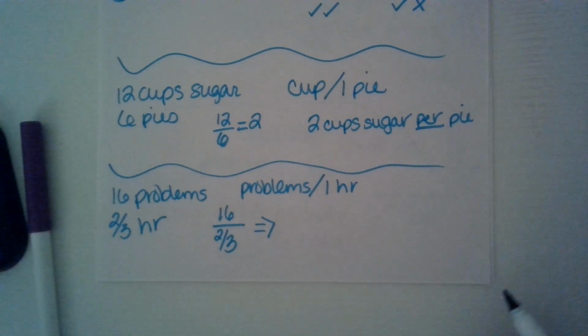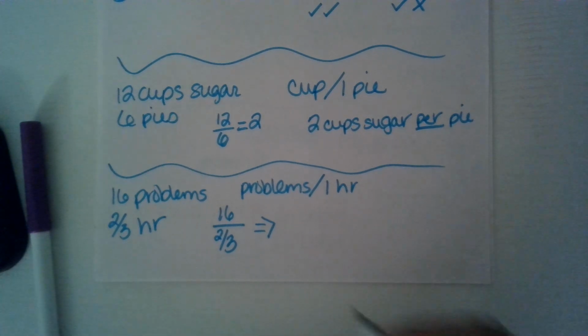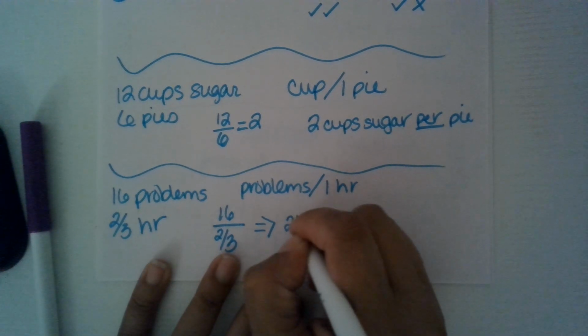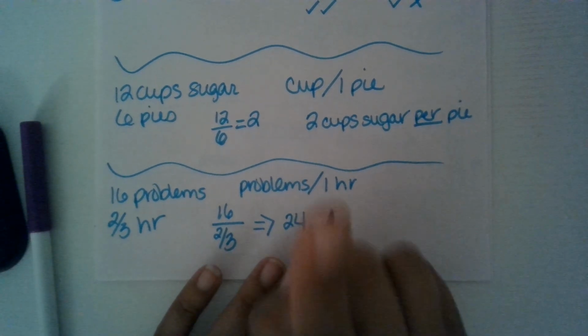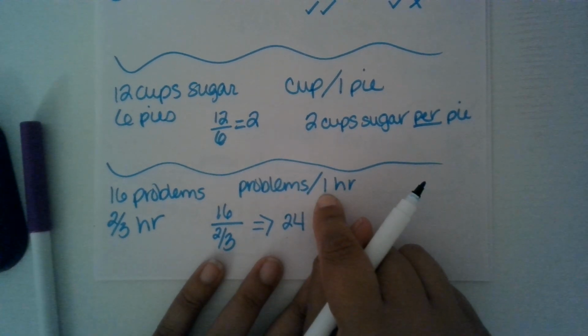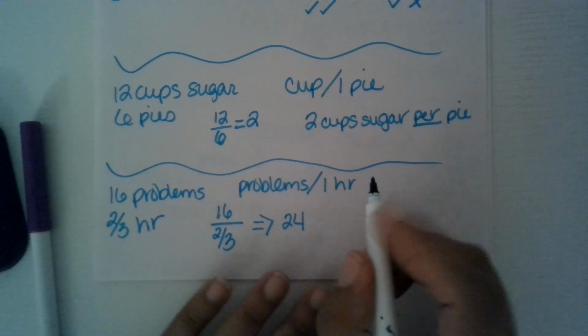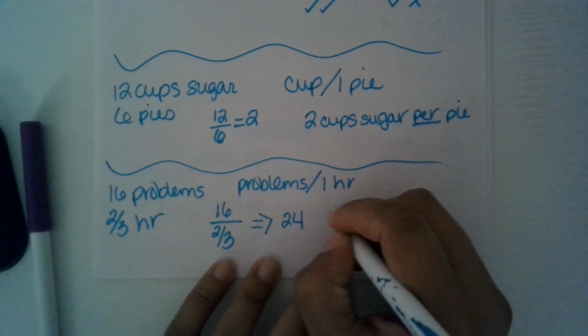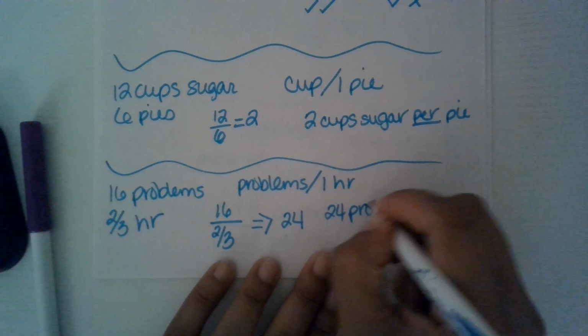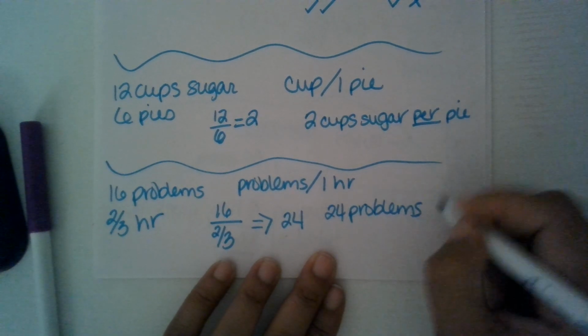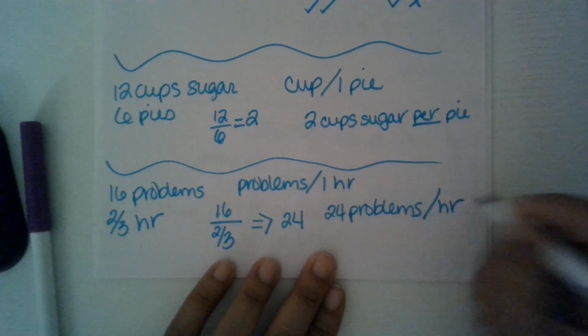So if you use the calculator, 16 divided by 2/3, you would get a whole number of 24. So your answer as a unit rate, because the value is 1, that's where the unit word comes from, that means Patty can complete 24 math problems per hour.